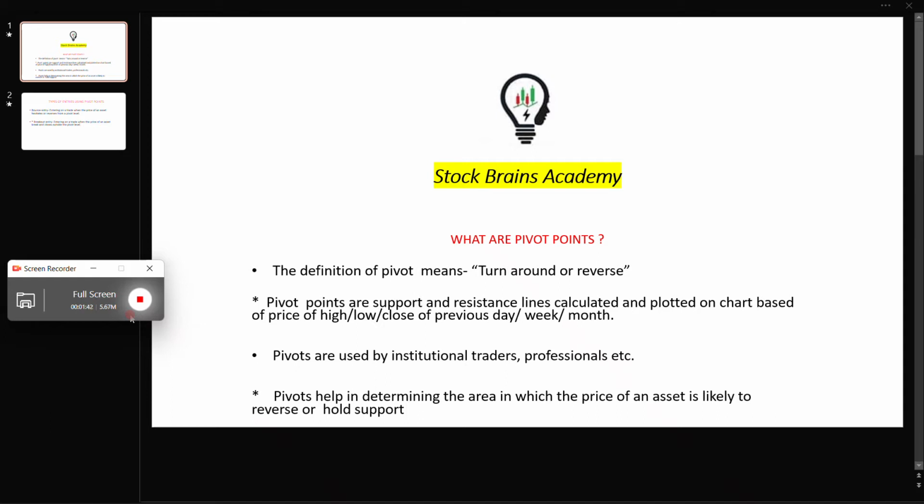Then there can be many buy orders from the buyers that push the price of BankNifty from a bearish trend to a bullish trend. Now this is not always the case, but it happens most of the time. This is why pivot points are really useful in determining the trend or change in trend of an asset.